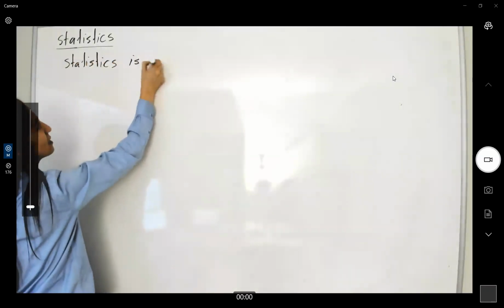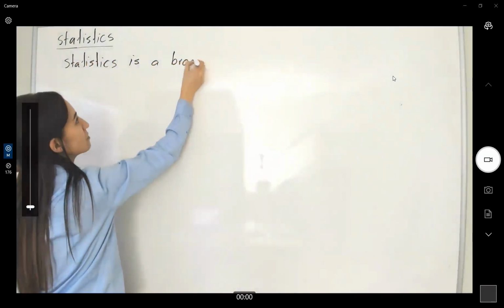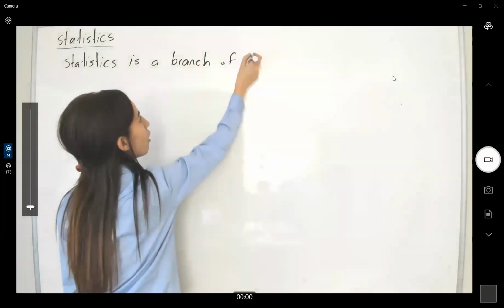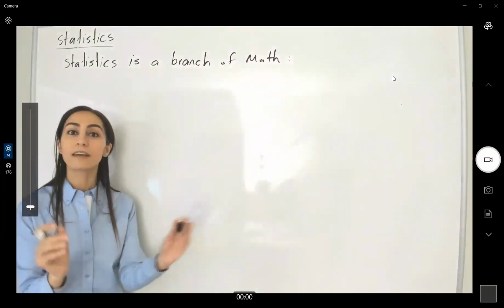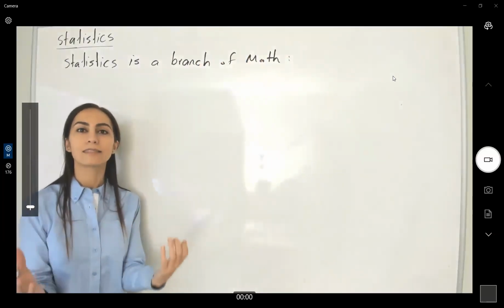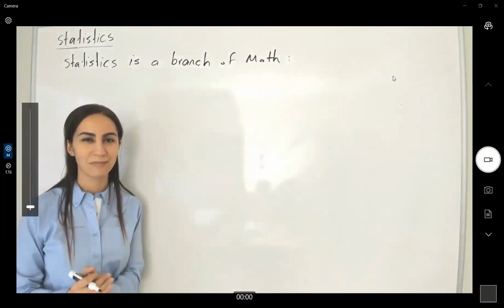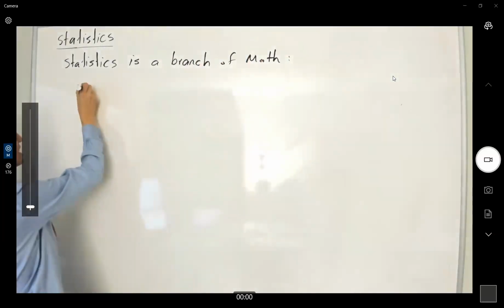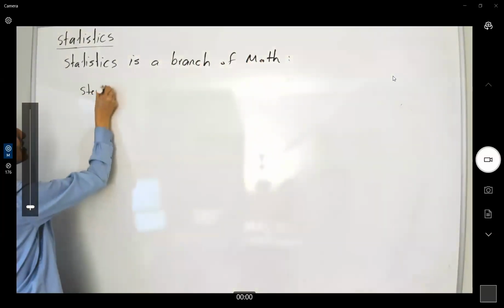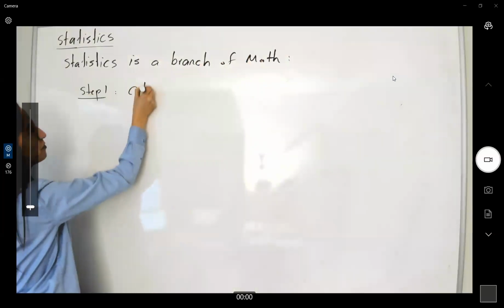Statistics is a branch of math. It consists of some steps. The very first step is collecting data.